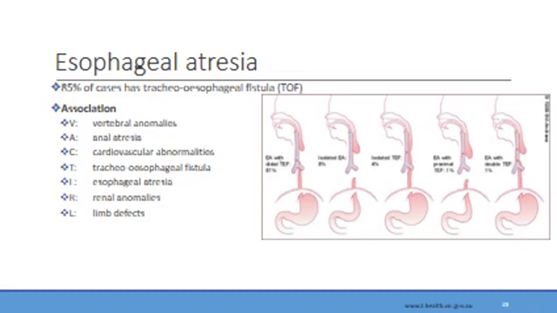So vertebral abnormalities can be excluded by looking at the x-rays. One should examine the perineal area for anorectal malformations. All these babies should receive cardiac ultrasound to exclude cardiovascular abnormalities. And then renal anomalies can be excluded by performing renal ultrasounds, and limb defects can also be present.